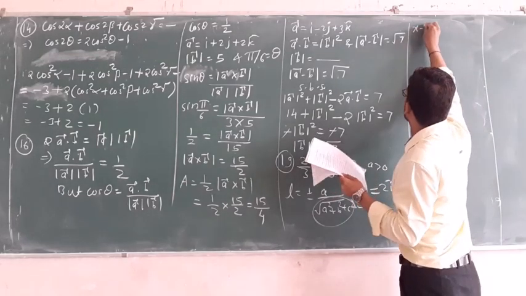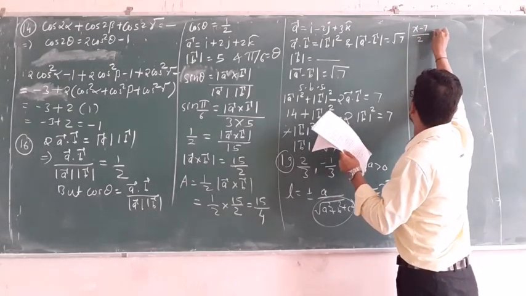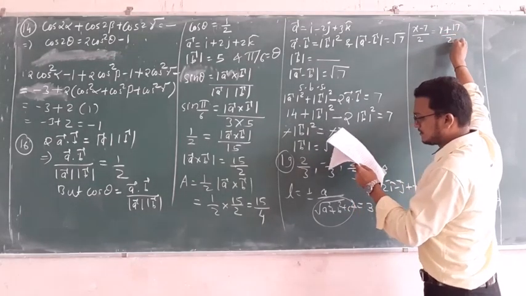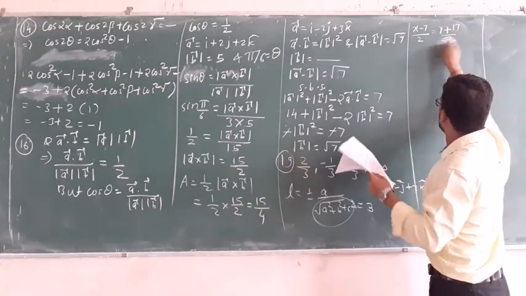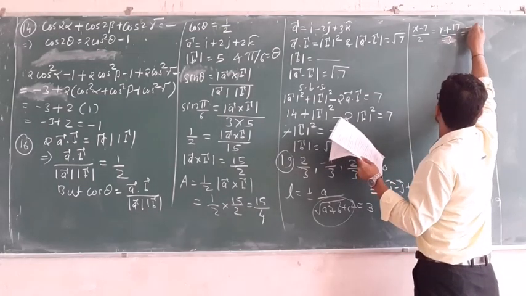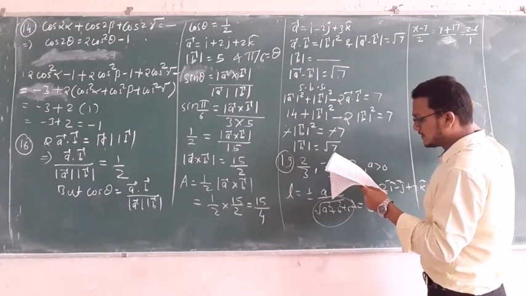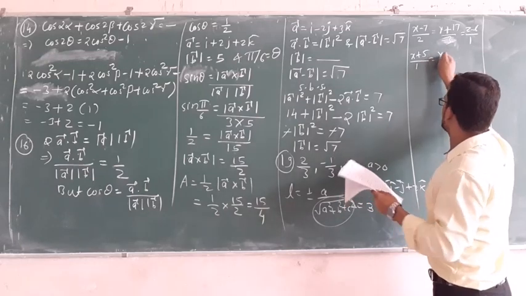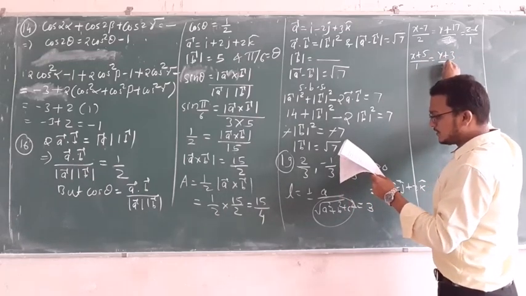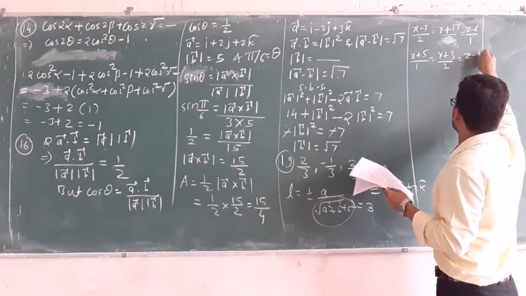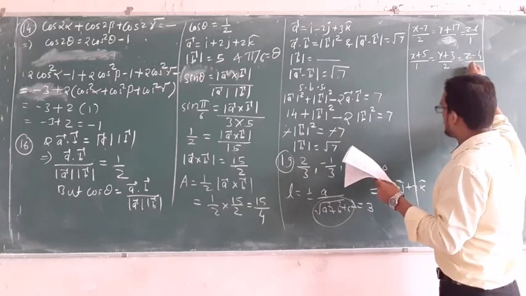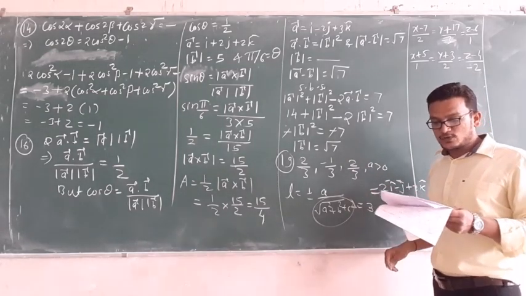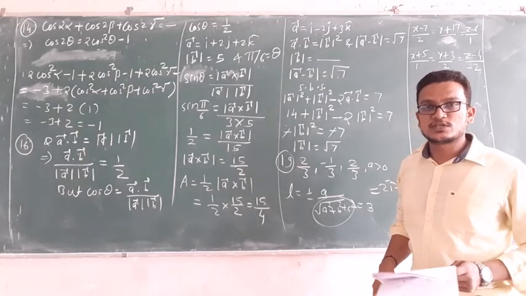They have given two lines here: (x - 7)/2 = (y + 17)/-3 = (z - 6)/1, and (x + 5)/1 = (y + 3)/2 = (z - 4)/-2. So these two lines are given, and you have to find which direction ratios are perpendicular.